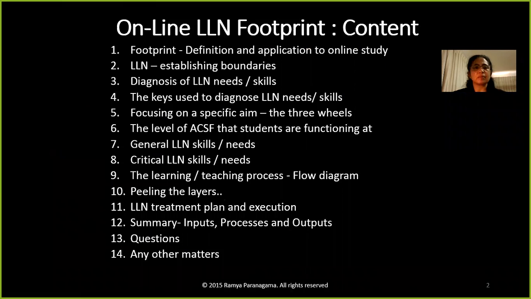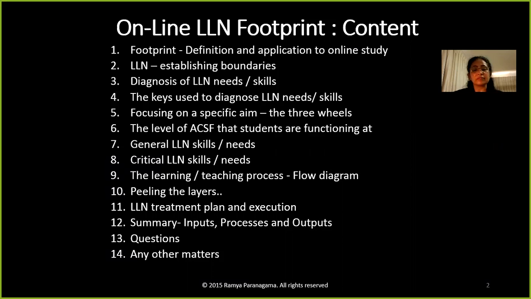The elements I'm going to consider here are a definition to start with, then the boundaries and how to diagnose, and the key that I have used, then the number of models that I have created. To distinguish specific needs, I have two different areas: the general LLN skills and the critical ones.